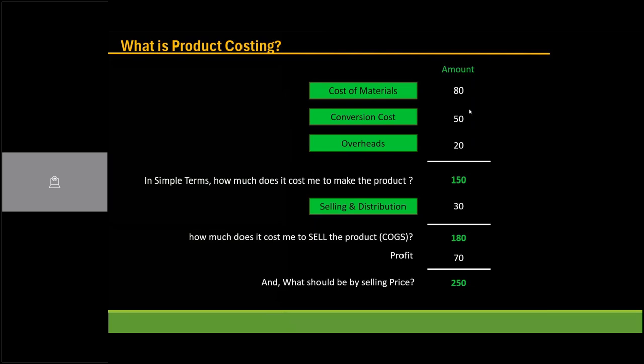But once you keep the goods, can you sell it, or do you further have to take this stock, send it to the dealer, send it to the distributor, incur some advertisement cost, marketing cost, selling and distribution cost also, correct? If you add that, you will get cost of goods sold. If you add profit, then you will get the selling price, right?